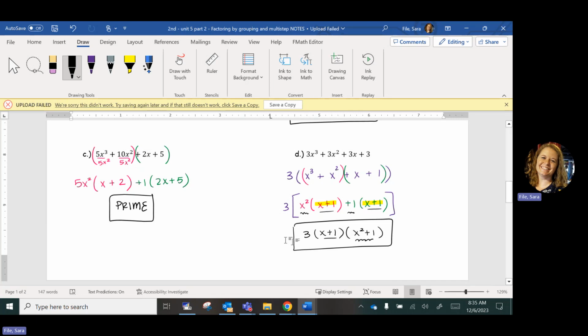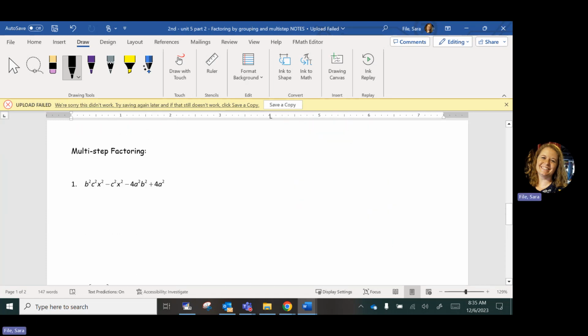And now we've done grouping when you have 4 terms, not just trinomial grouping. So now we're going to look at some examples that look a little more complex because these may have multiple steps, like multiple types of factoring that have to be done in one problem.